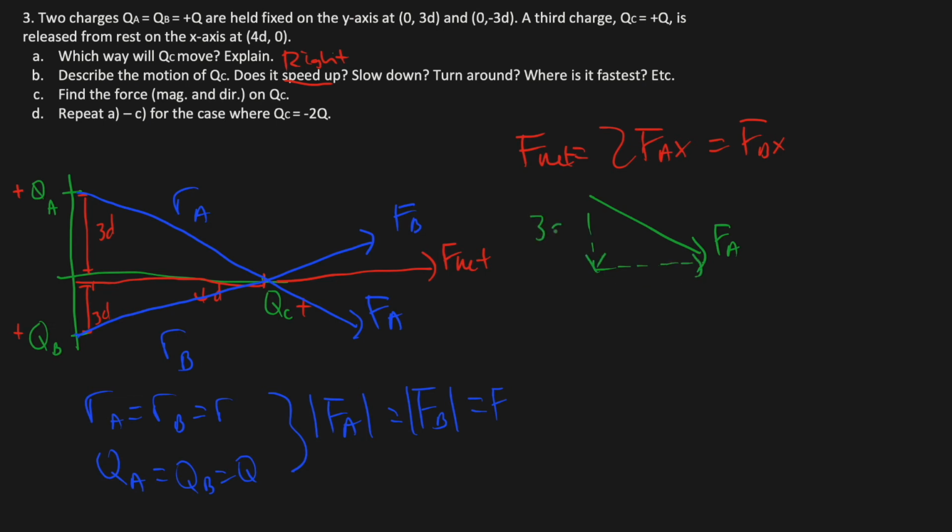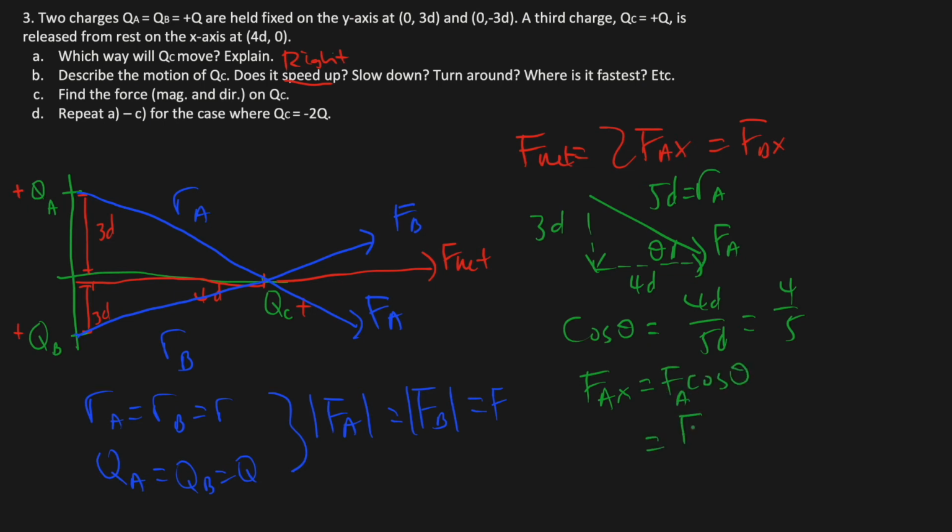Here is 3D, here is 4D, so here must be 5D, which is equal to RA. And let's say here is theta. Then cosine theta is equal to 4D over 5D, which is 4 over 5. And FAx is equal to F cosine theta, so it's going to be equal to FA times 4 over 5. Now you can plug this equation into here, and then you can find the net force. So let's do it.